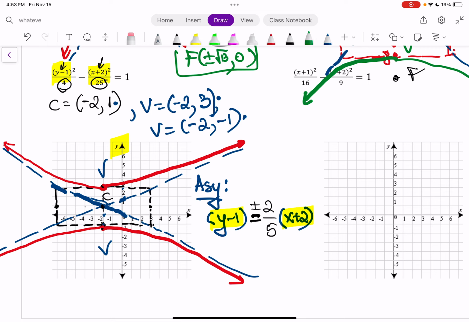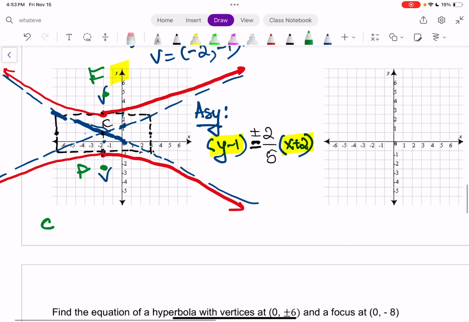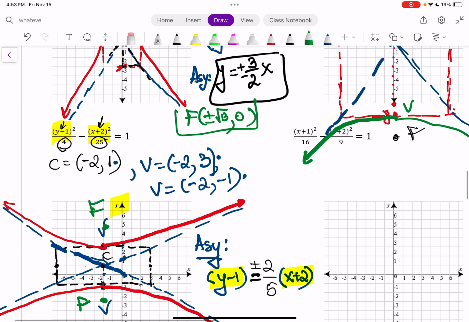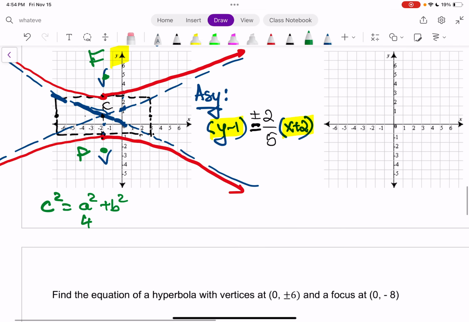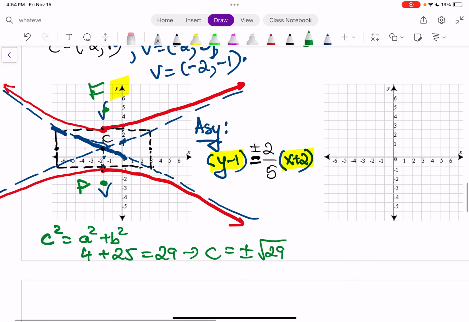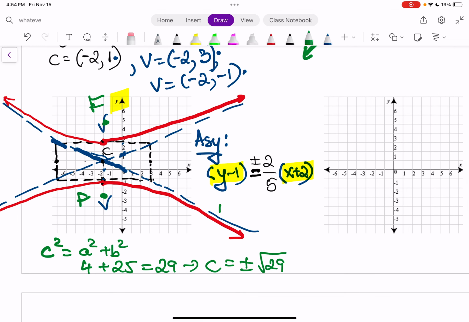And finally, for the foci, which are somewhere here and somewhere here, we're going to have to find that c value first. 4 plus 25, which is 29. So c is plus minus the square root of 29. So we'll write this compacted. So the foci, as you see, the x-coordinate of the focus is the same as the x-coordinate of the center or the vertices.